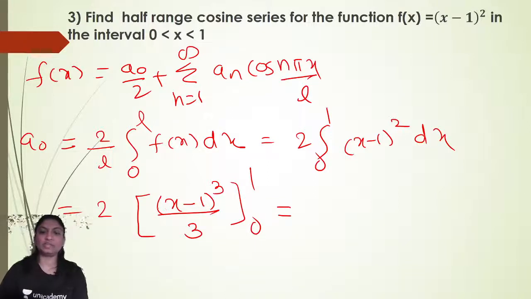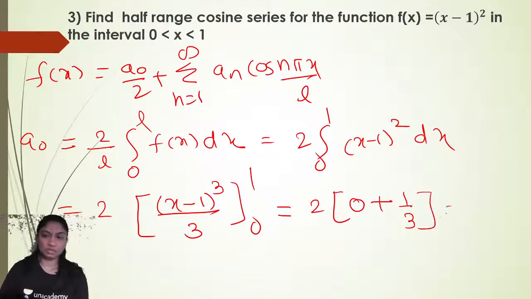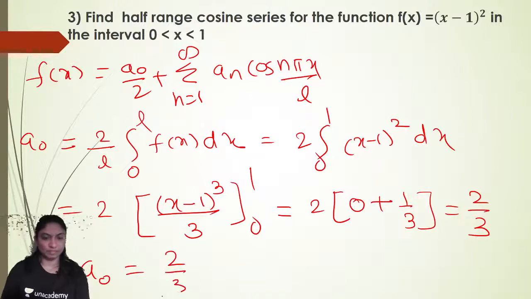Now put x is equal to 1, so this will become 0. Right? And x is equal to 0, so 2 into bracket 0 minus minus 1 upon 3. So minus minus becomes plus 1, so here it is 2 by 3. So the value of a0 is 2 by 3.